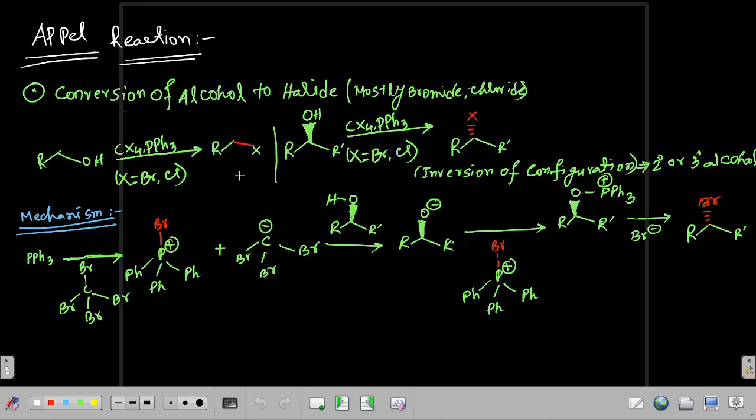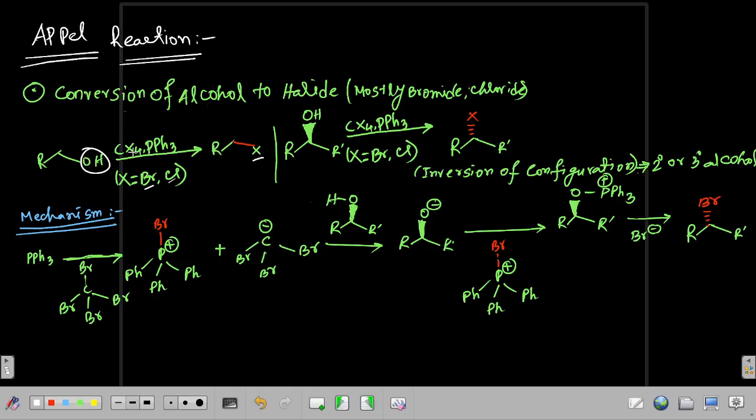Appel reaction. In this reaction, it will convert this alcohol to the halide in presence of carbon tetrahalide and triphenyl phosphine as a reagent. Here the halide will be bromine or chlorine.